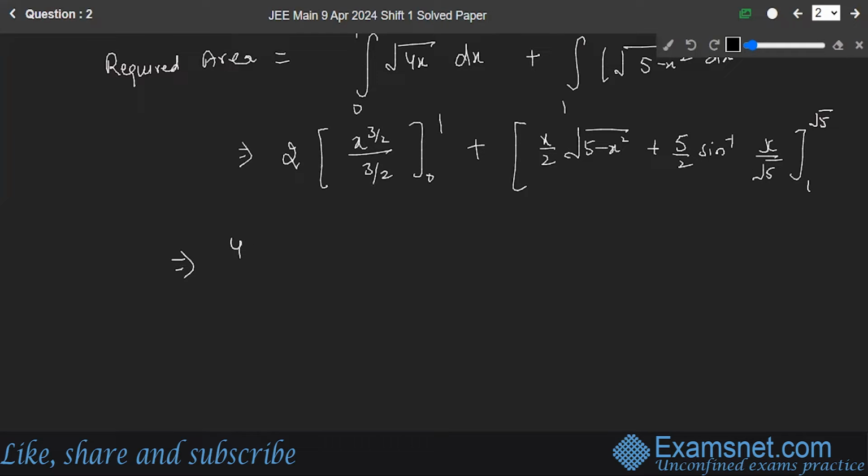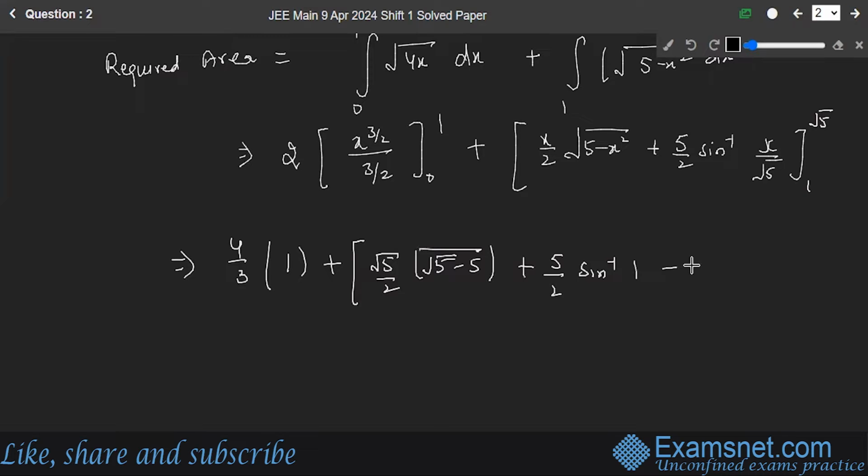So this will be 4 upon 3 times 1, plus root 5 upon 2 into root of 5 minus 5, plus 5 upon 2 sine inverse, this is 1 minus 1 upon 2.